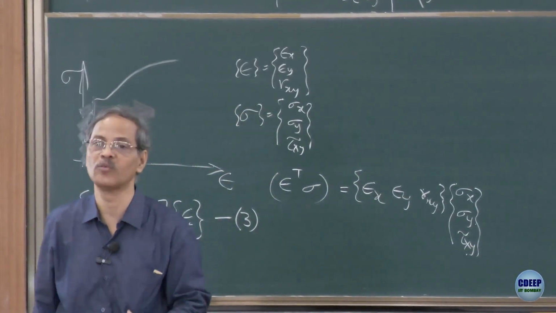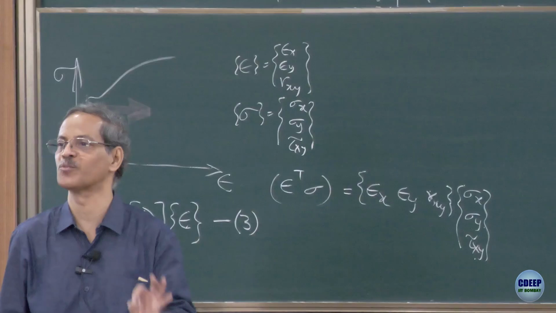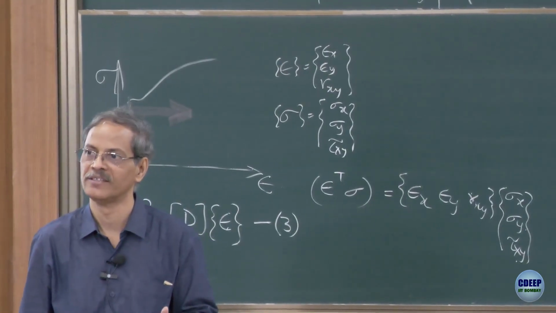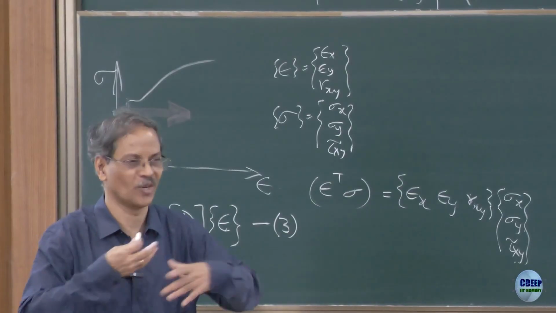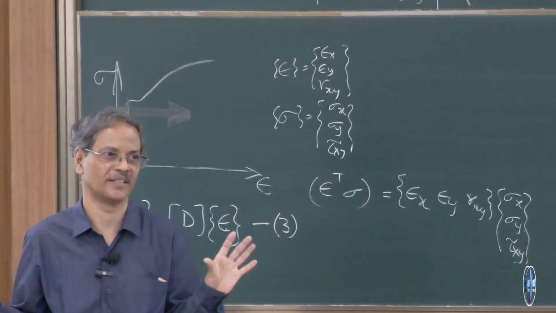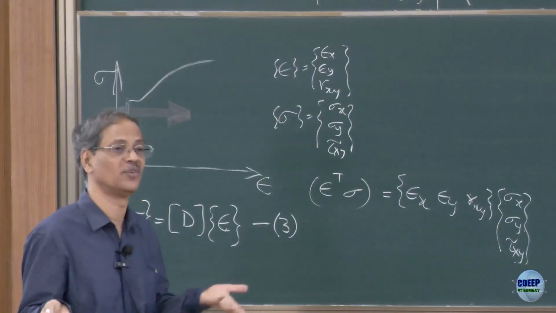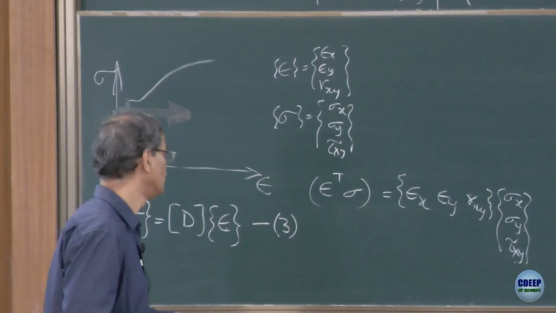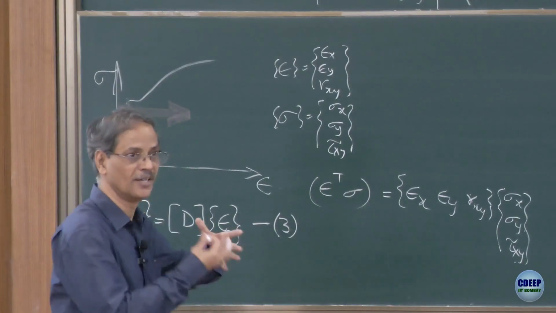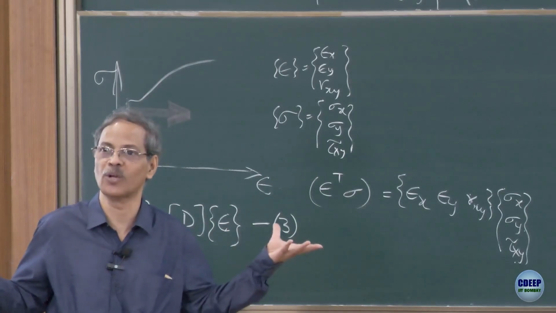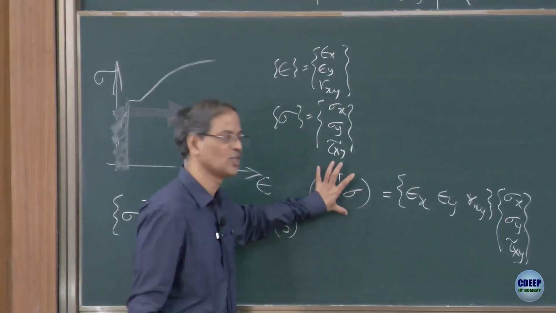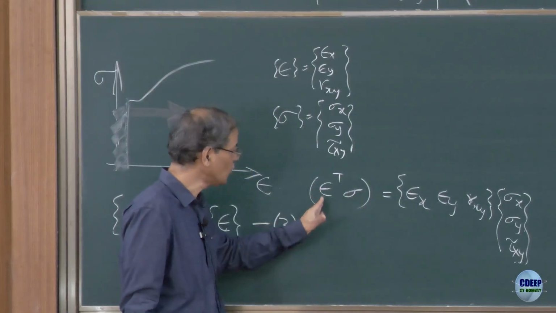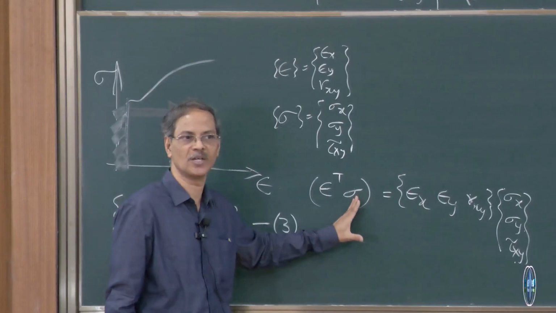So I am going to now onwards write only epsilon transpose sigma, not expand it. If there are 4 components of strains and stresses, it does not matter. If it is not even a 2D problem but there are 3D stresses, then the number of strains and stresses may be more, it does not matter to us. I am going to simply write epsilon transpose sigma, whatever be the size of epsilon and the corresponding sigma.